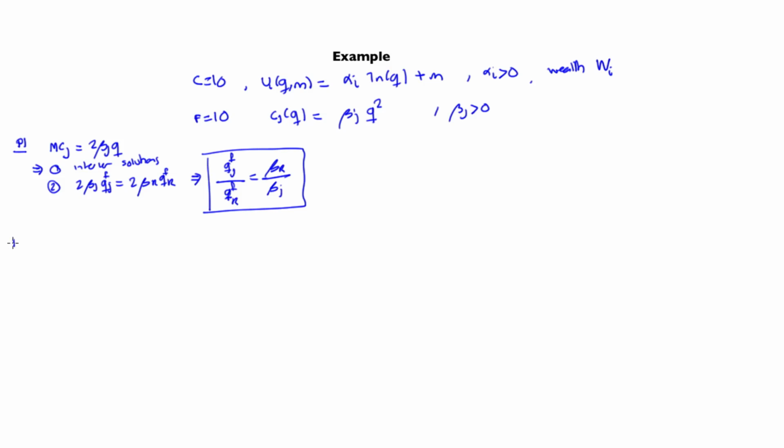Now let's look at the implication for property 2, which is analogous with respect to the marginal benefits. Now notice that the marginal benefit for any consumer here is just alpha_i divided by q, and that marginal benefit is infinity when q goes to 0. So that implies again that we're going to get interior solutions, and second, that this alpha_i over q_i^C has to be equal to alpha_j over q_j^C.